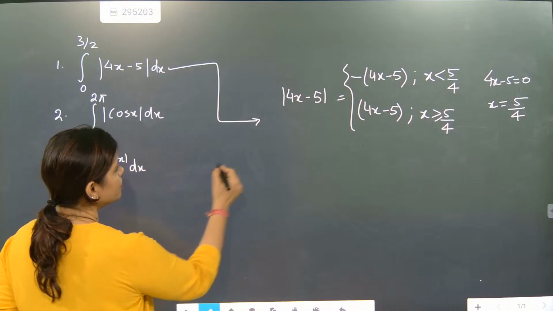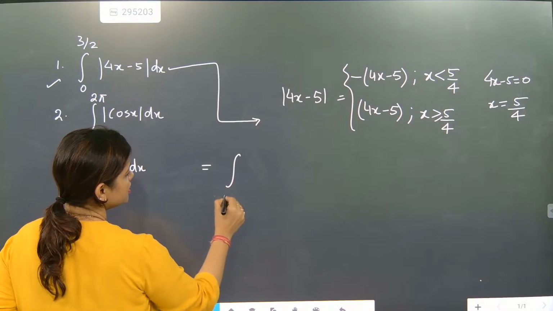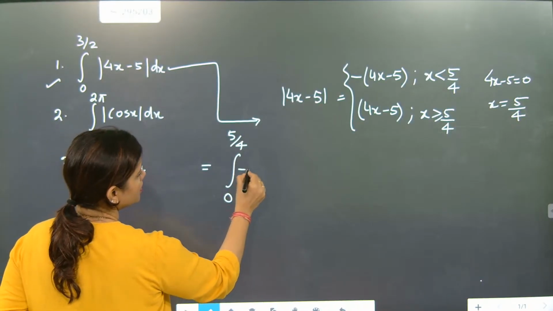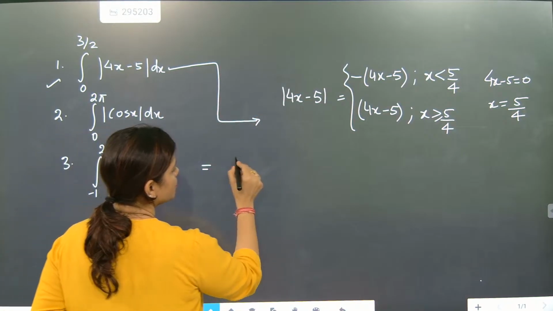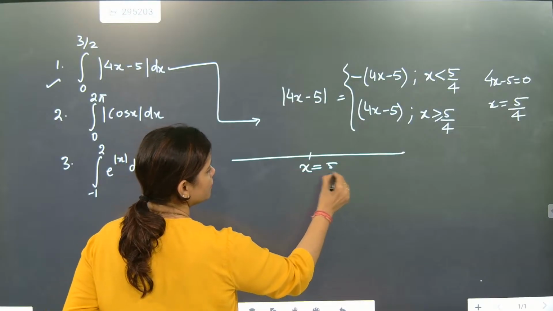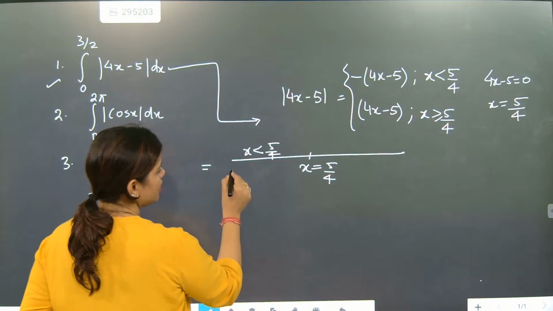So what will we do? This question will split as 0 to 5 by 4, the lower part. Yesterday itself I taught. One line we will put at x equal to 5 by 4, x less than 5 by 4, f of x.